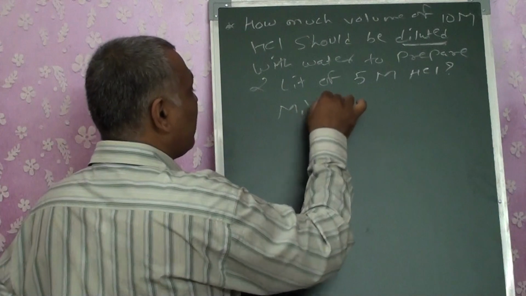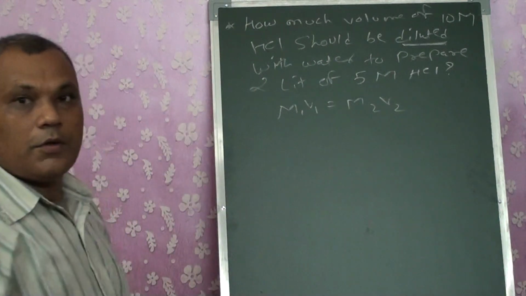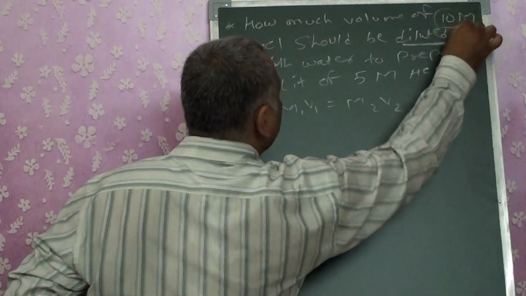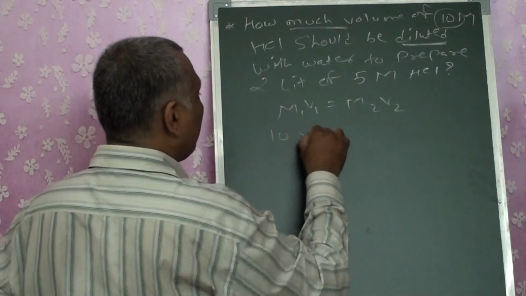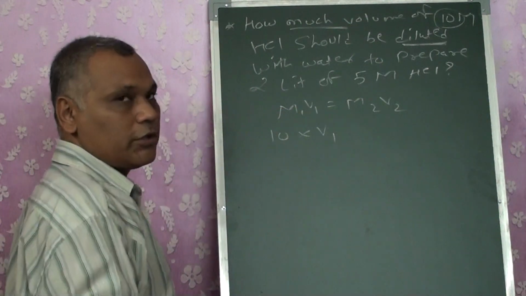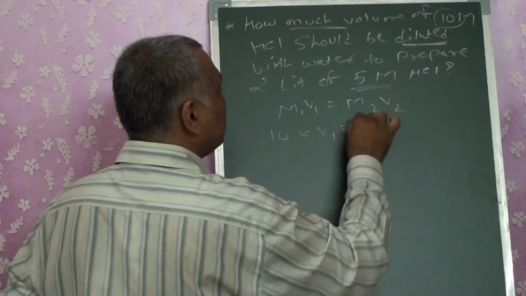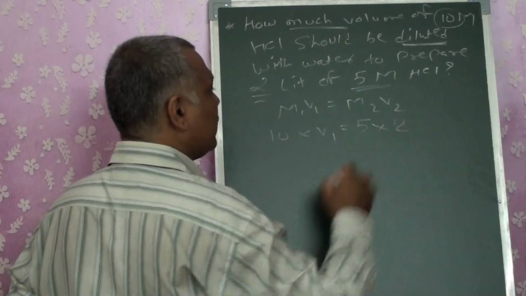will be M1V1 equals M2V2 for diluting solutions. Now what is the molarity given to us? 10 molar solution. What is the volume required? That is not known to us, but we want to prepare a molarity of 5, volume of 2 liters.